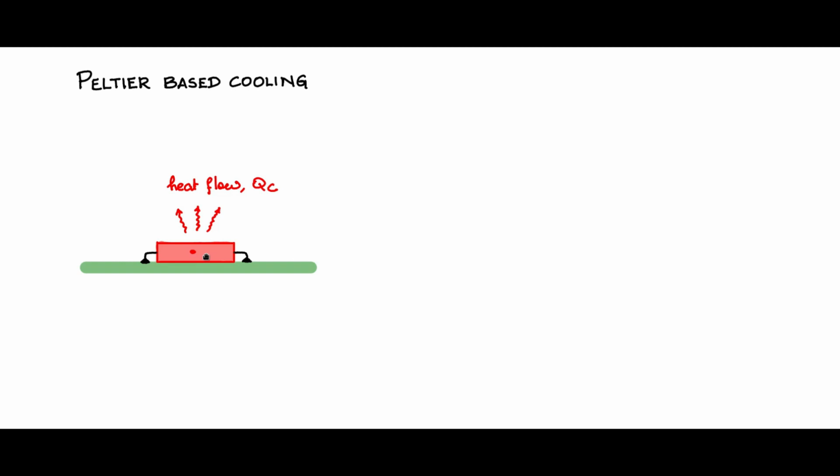Now let us see how we will build some relationship to design Peltier based cooling. Now let me call this central core where the heat is being generated as the junction. Most of the semiconductor junctions are the central core where the heat is getting generated in many of the components.